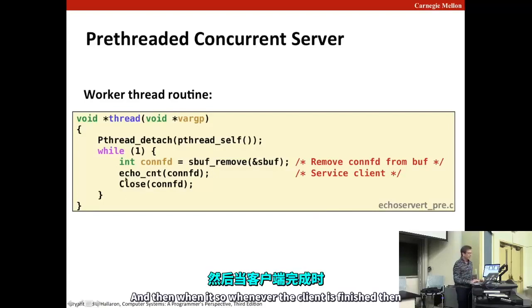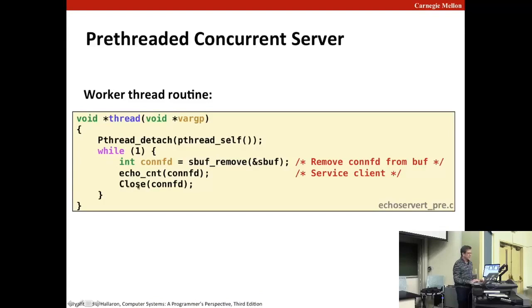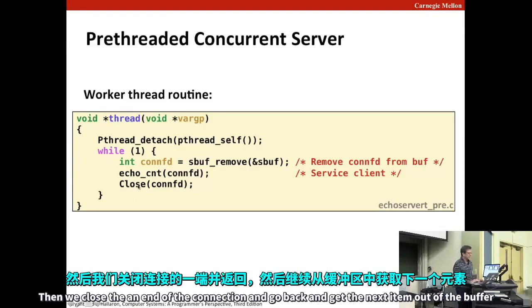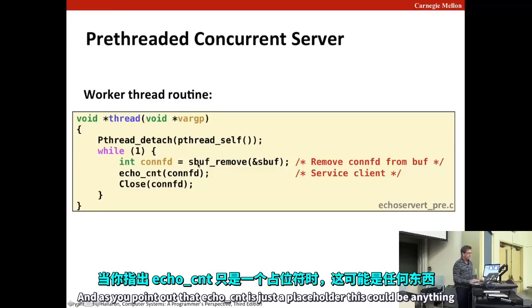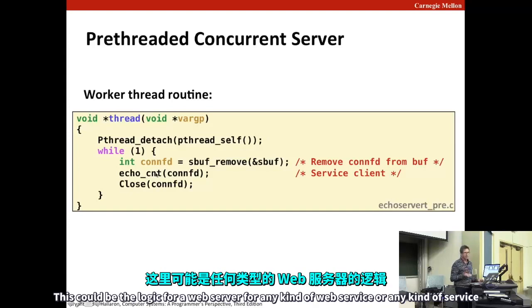And then whenever the client is finished, we close our end of the connection and go back and get the next item out of the buffer. And I should point out that echo count is just a placeholder. This could be anything. This could be the logic for a web server, or for any kind of web service, or any kind of service.